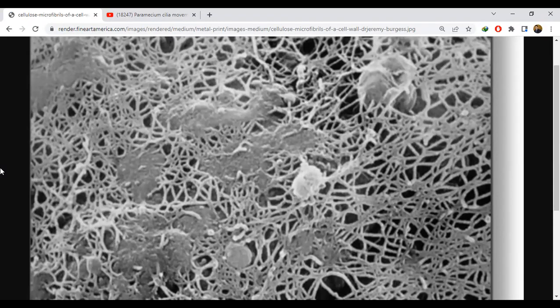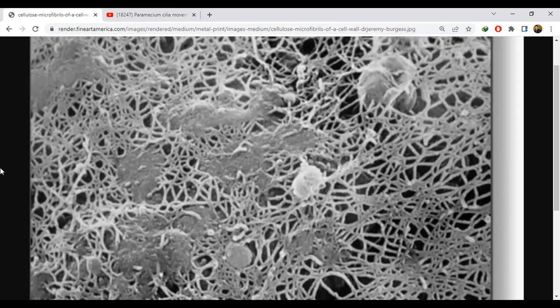But what these people mean is, in the cell wall, cellulose fibers are making a network. In that network, there are spaces, correct? Through those spaces, anything that fits the size can move, correct?